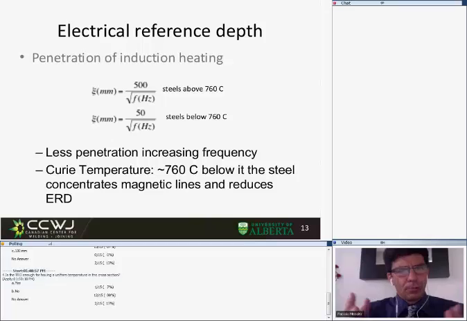So we're going to check on that. Electrical reference depth is how deep into the wall the induction heating goes. And there is something funny about electromagnetism: if you try to bring this electrical heating on a surface, it creates currents that counterbalance it.